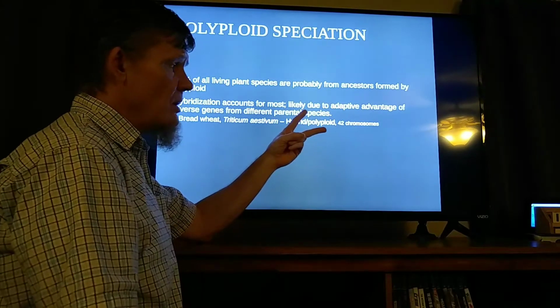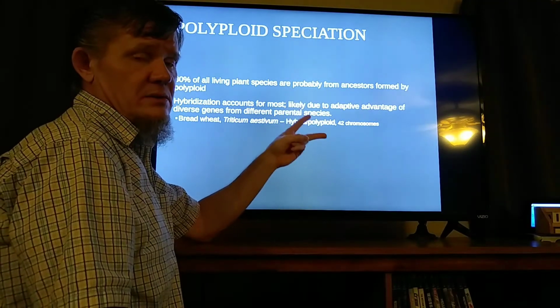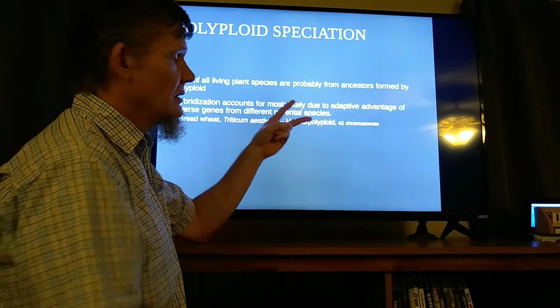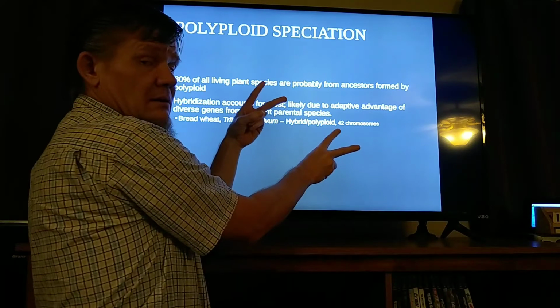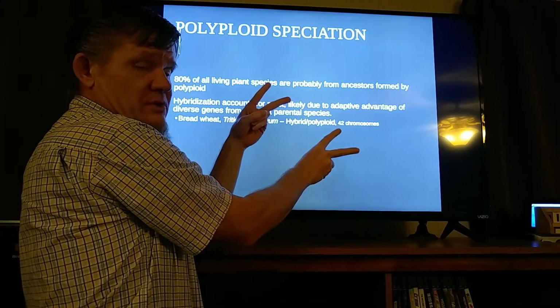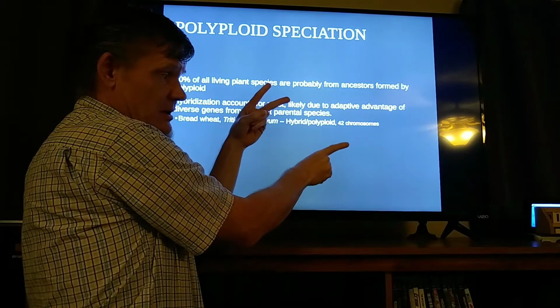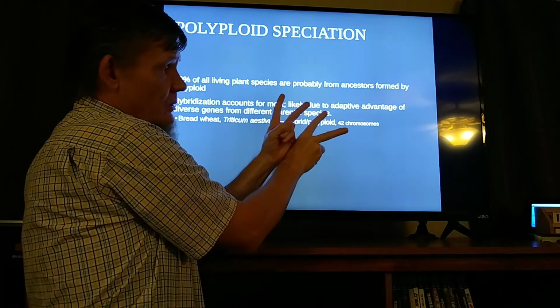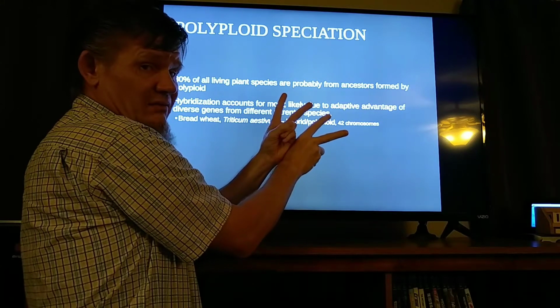So if he makes the wrong sperm with the normal number of chromosomes in it, not half like it's supposed to be, and encounters a female that makes the wrong number of chromosomes in her eggs, not half like it's supposed to be, but the normal number, his sperm and her egg will make a polyploid individual.